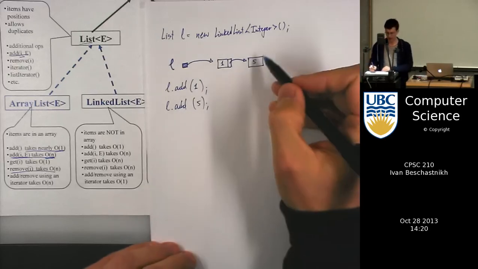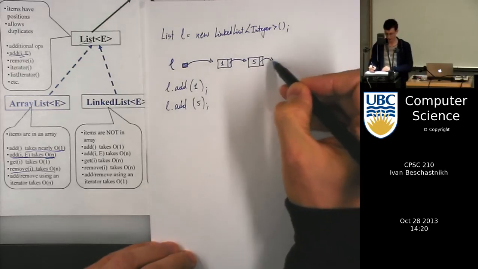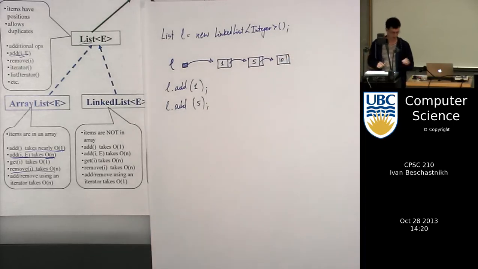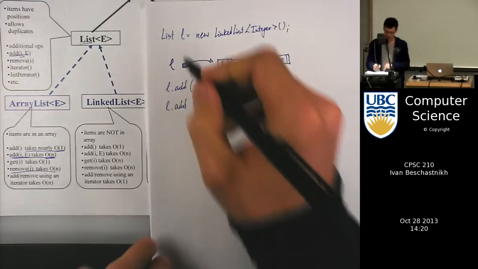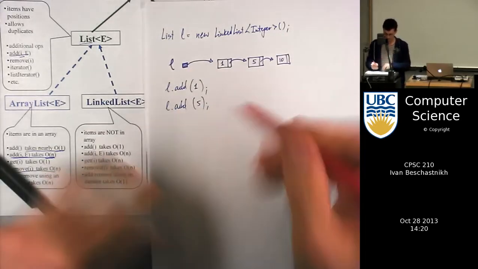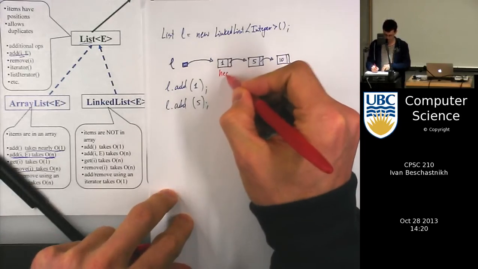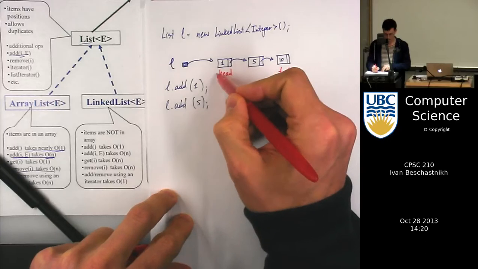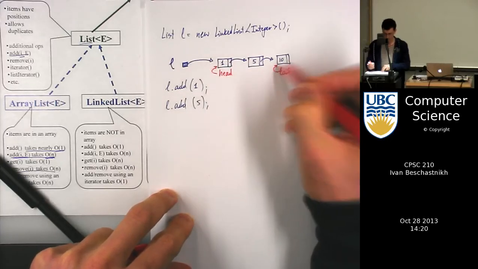So in terms of adding a new element to my list, it's really easy, because the linked list keeps a pointer to the head. So this is the head of the list, and this is the tail of the list. I have a pointer to the head, and I have a pointer to the tail.